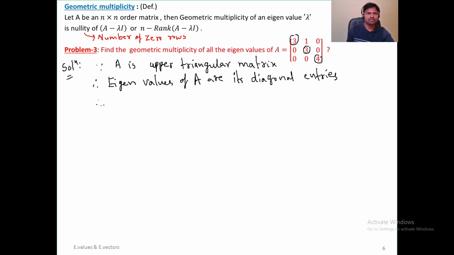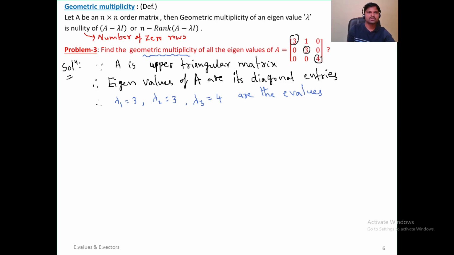Therefore lambda 1 is equal to 3, lambda 2 is equal to 3, and lambda 3 is equal to 4 are the eigenvalues. So we got the eigenvalues. Next, what do we want after that? We want the geometric multiplicity, right?